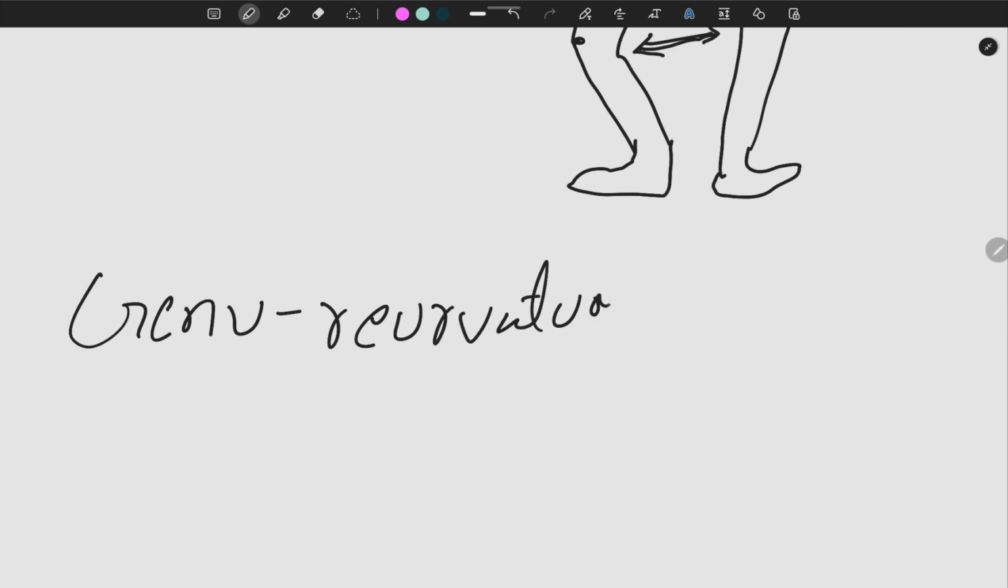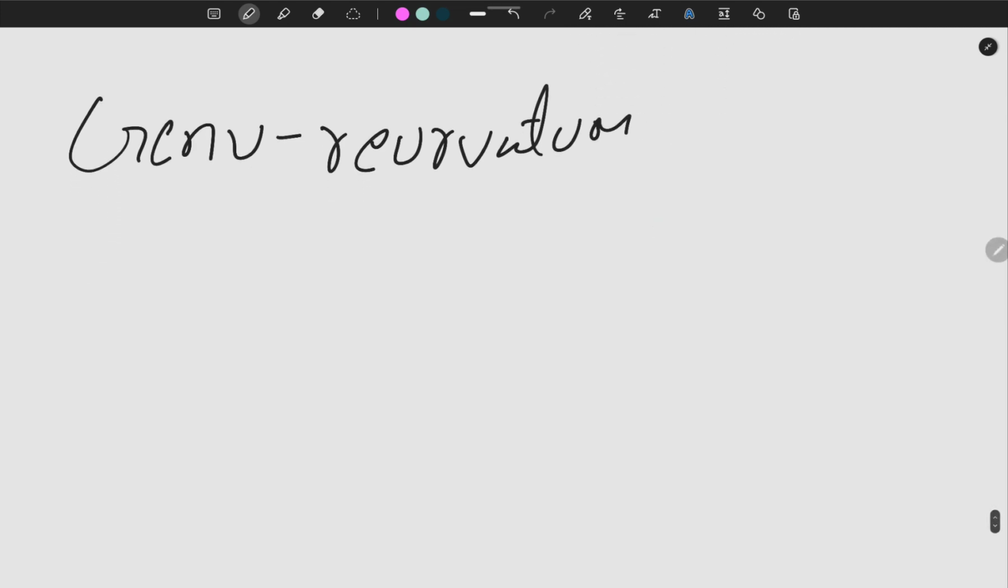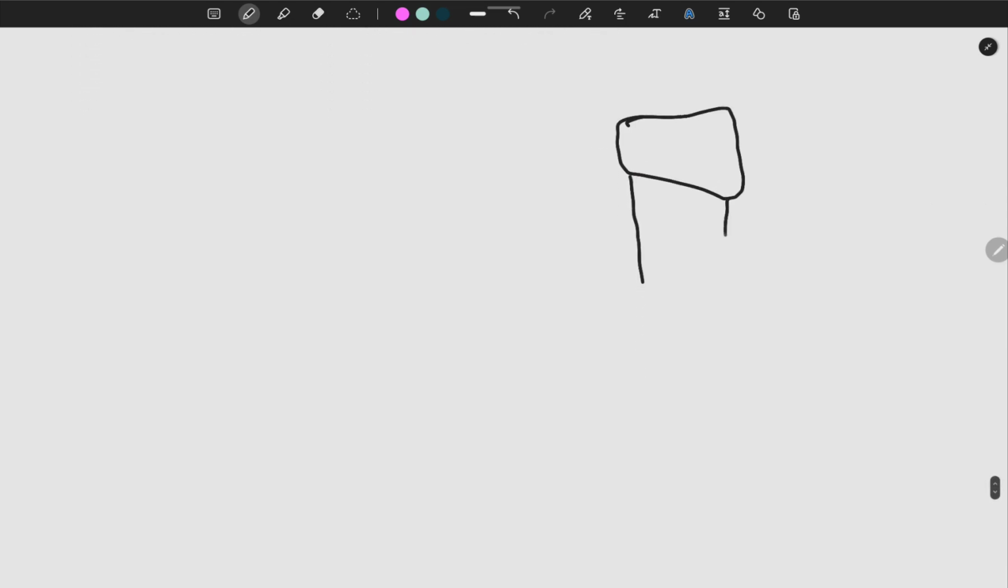And finally, genu recurvatum. In recurvatum, the posterior line of the knees are bent. Sorry, I am very bad at drawing. So this is the pelvis, and these are the limbs. This is the kneecap.